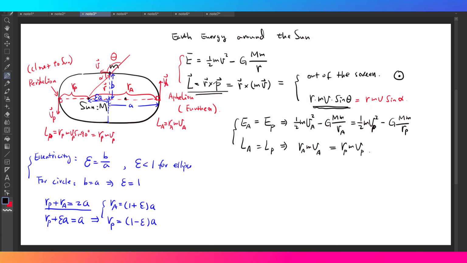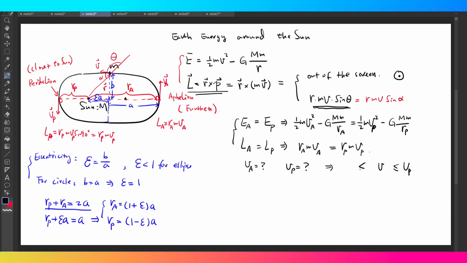So now, our purpose here is to figure out what the Earth speeds VA and VP are. Now for other positions, the magnitude of the velocity of the Earth would be between these two, right? And VP is maximum because the RP here is the shortest distance. As distance decreases, the speed of the Earth increases.